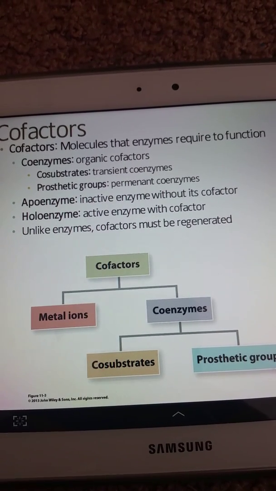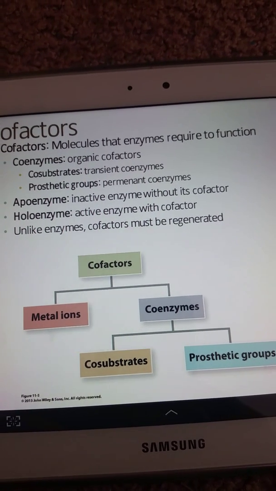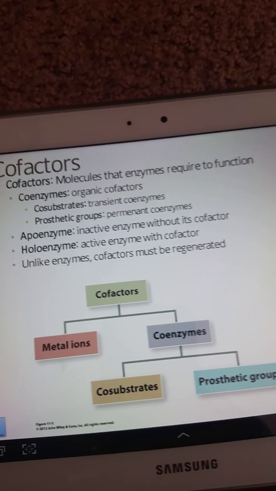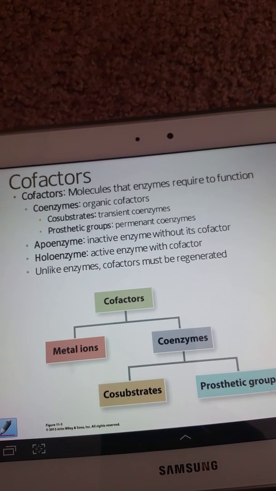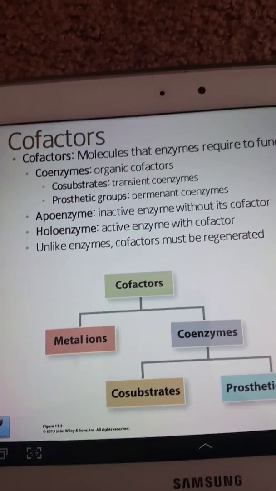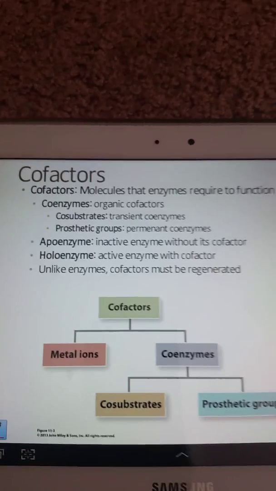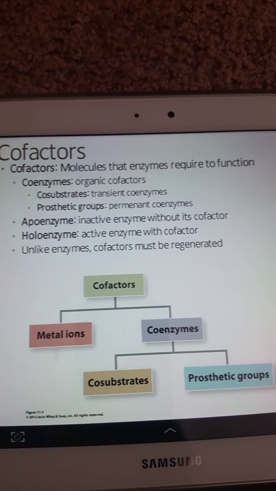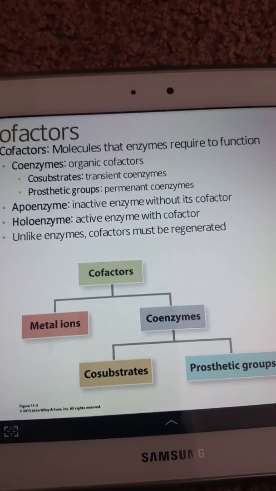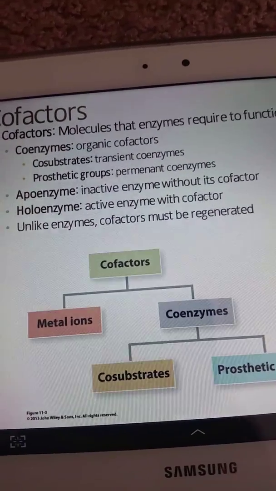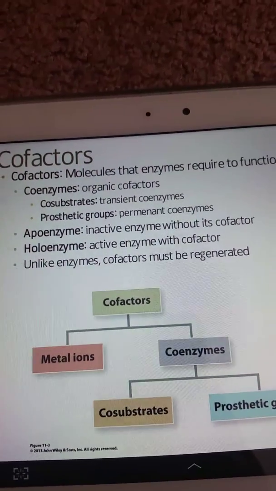The co-substrate is often used up during the reaction, and so the co-substrate itself has to be regenerated between reactions. A prosthetic group is permanently bound to the enzyme. Remember, we were talking about the prosthetic group heme with hemoglobin, and we said that heme is permanently a part of hemoglobin, and without the heme there, it would not function.